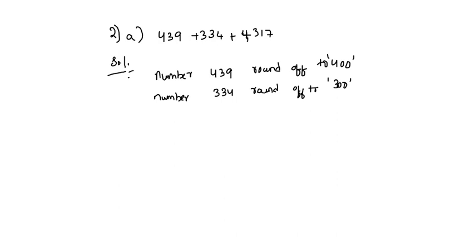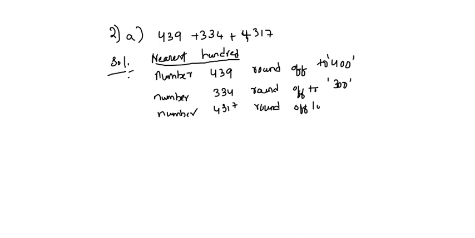So this is nearest hundreds. Now for the number 4317, it rounds off to 4300.